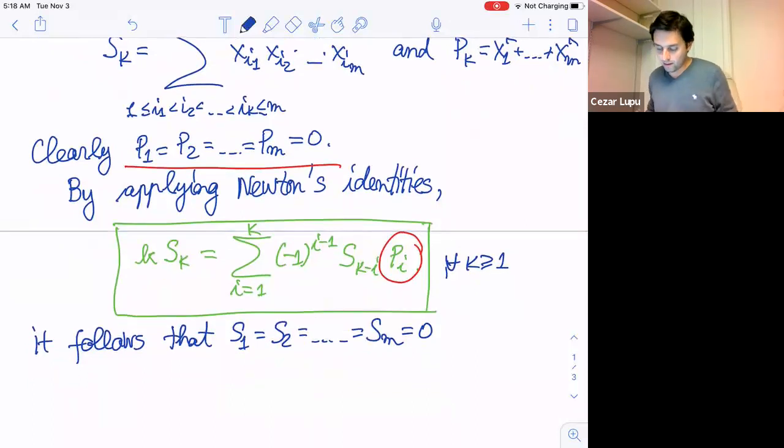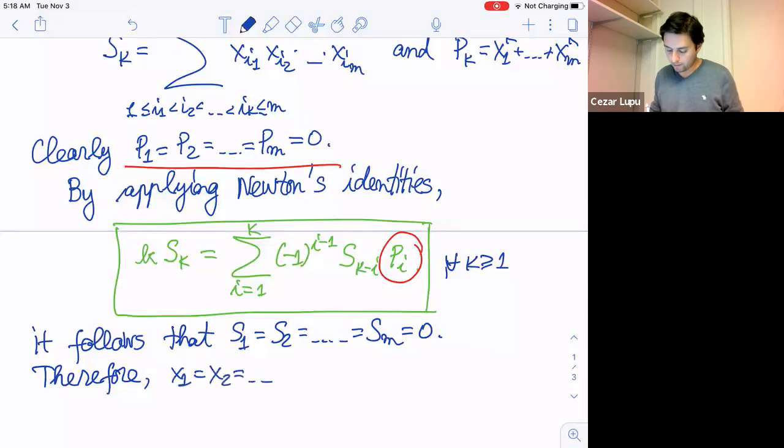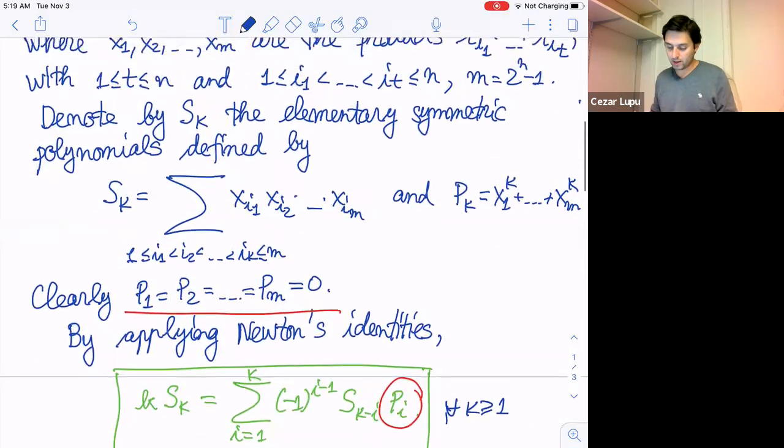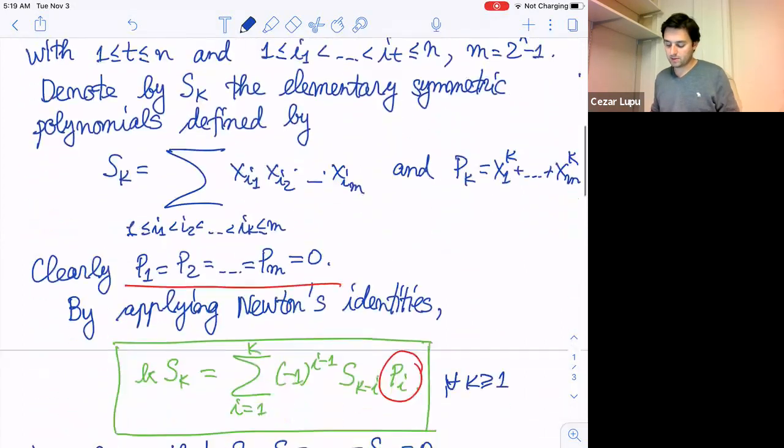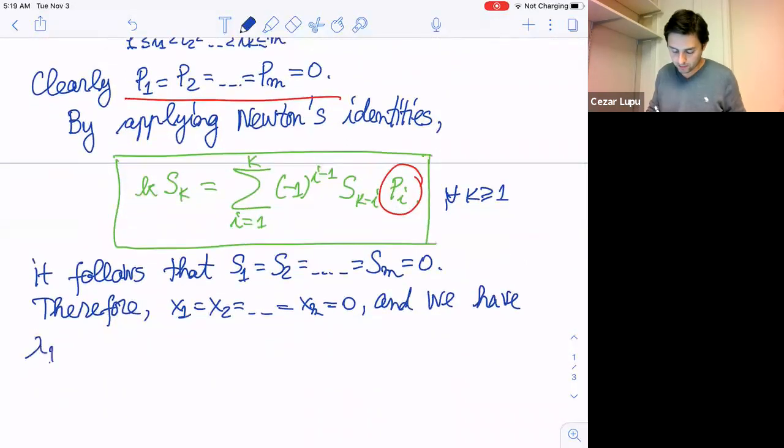And now it's quite clear. Therefore, it follows that x_1 is the same as x_2 is the same as x_m equals 0, and we have that all lambdas are equal, right? Because don't forget that these x_m were nothing else than just the sums of powers of lambdas. So lambda_1 is the same as lambda_2 is the same as lambda_n, and the same as 0.